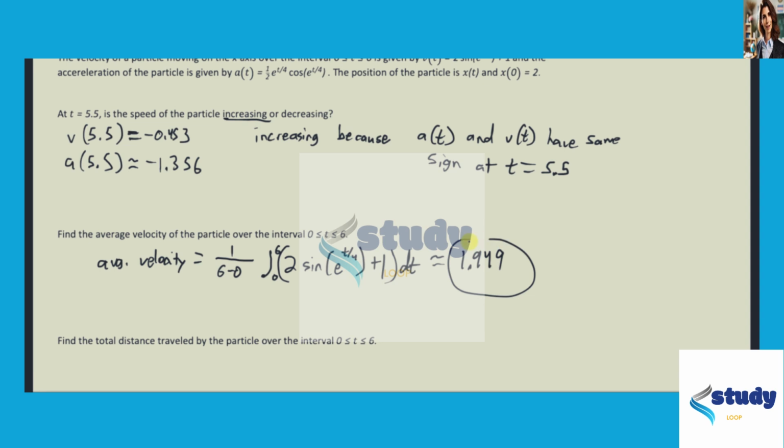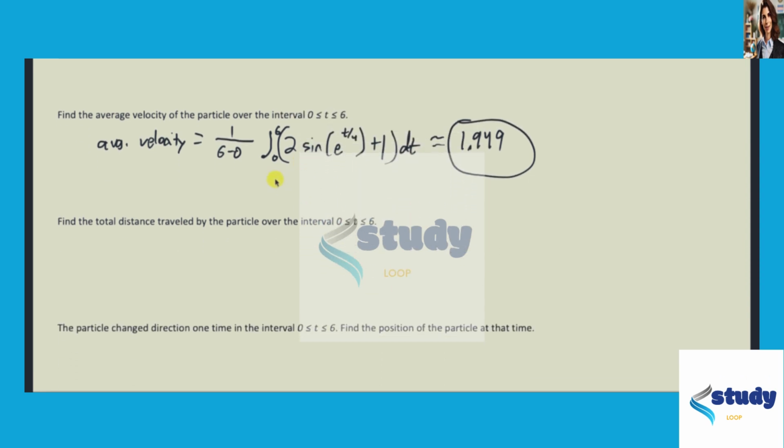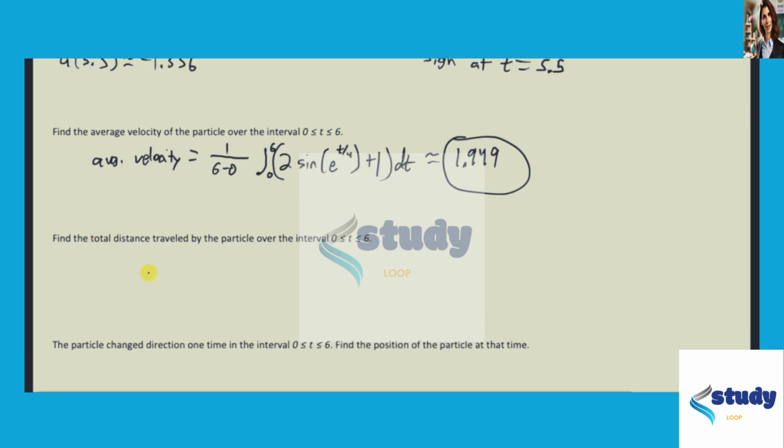Next, we want to find the total distance traveled by the particle over the interval from 0 to 6. So the total distance would be the integral of the absolute value of the velocity function, dt, from 0 to 6.